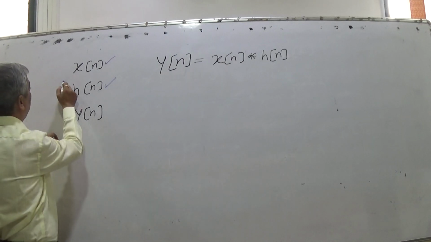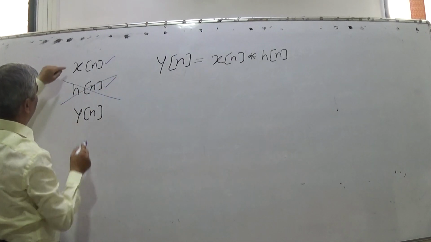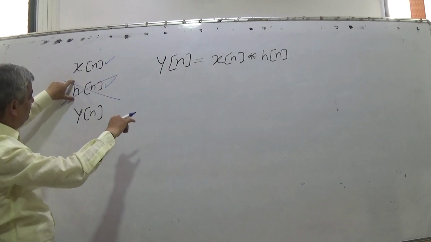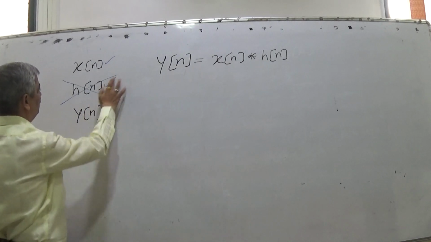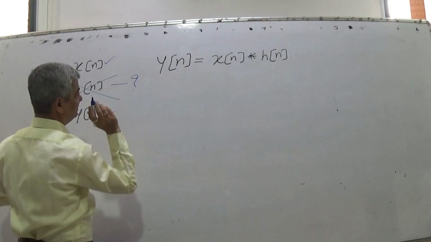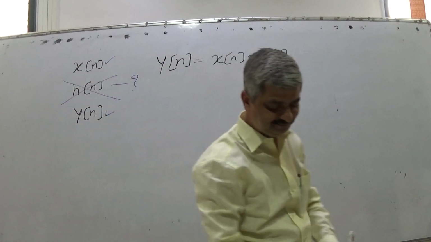But if you don't know this, you know xn, you have the system, you can pass it to the system, you know y. So now the question is, if you know these two, can we find this? What is the equation?